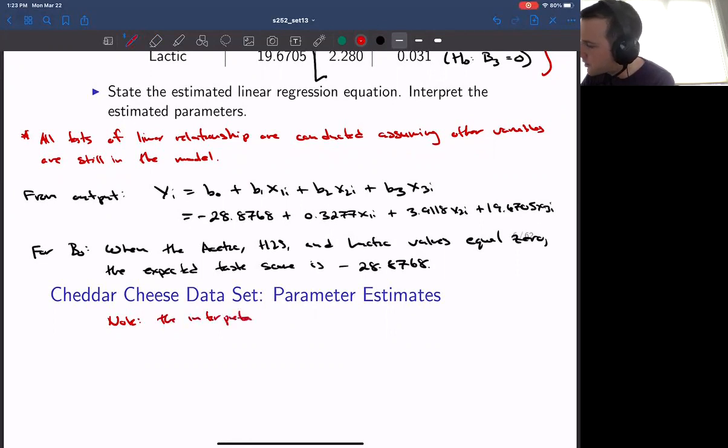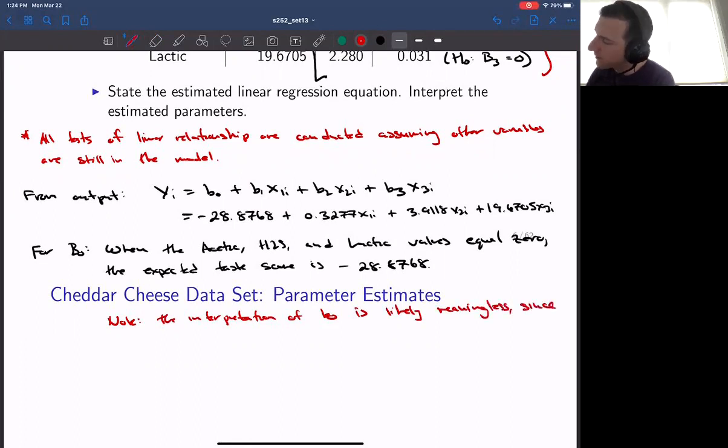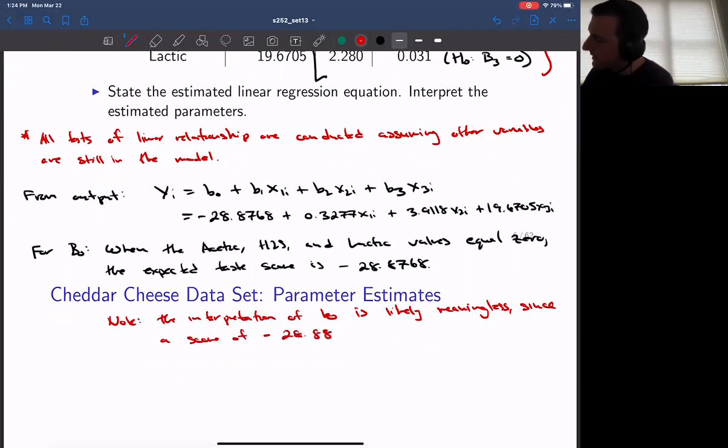So the interpretation of beta 0 is likely meaningless since a score of negative 28.88 is likely impossible.